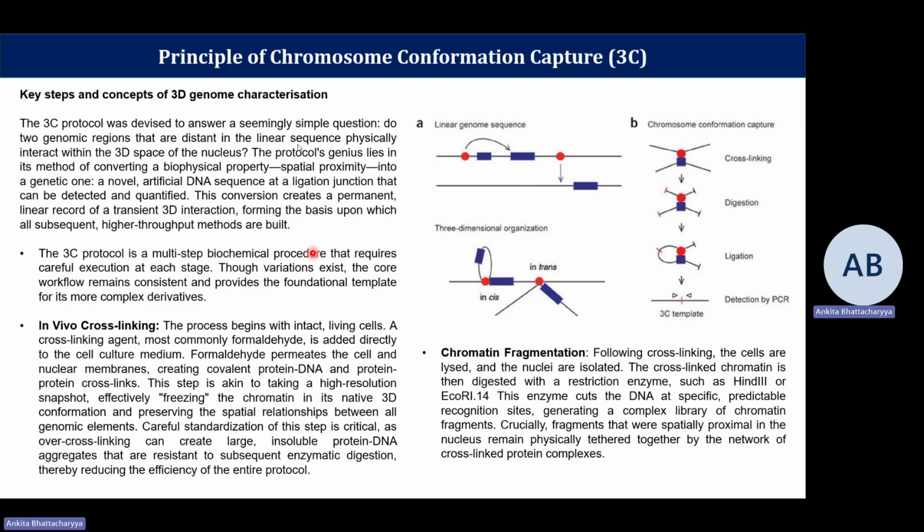After digestion, you get these two open ends, which can then be ligated as well. Because these two regions are spatially proximal under whatever conditions you're performing the experiment, they remain physically tethered together by whatever ternary protein complex has facilitated that interaction.